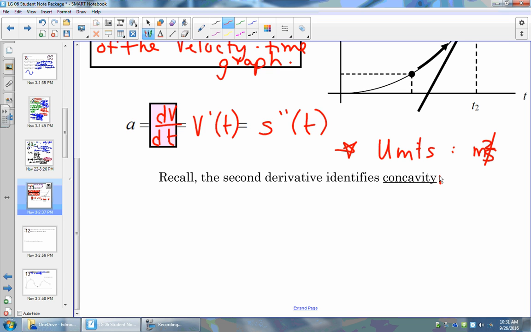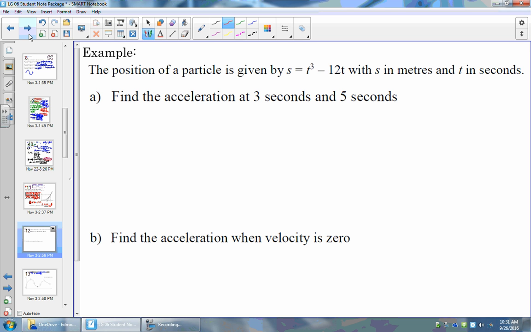So again, I'll rewrite that. Meters per second squared is going to be our units. Okay. Now, we talked already in the first lesson about how the first derivative identified slope. Now, remember, guys, second derivative on a regular graph identifies concavity. And we'll look at a diagram of that in just a couple of minutes.